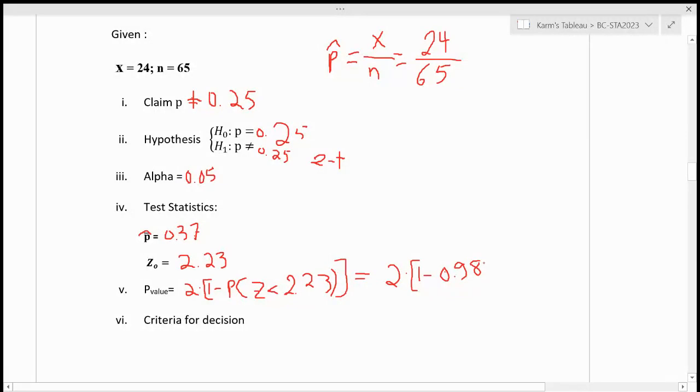Not it, yeah, this one. I mean, if you look at the row 2.2 and the column ending in 3, can you get it for me? Okay, that's going to be what again? 0.9871.